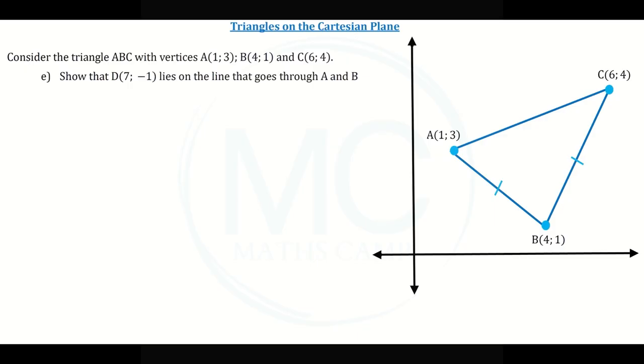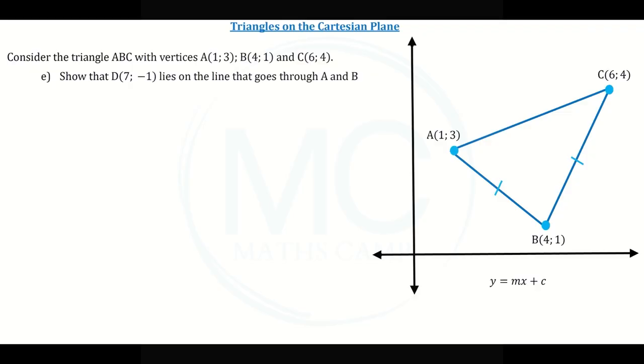Show that D, with coordinates (7, negative 1), lies on the line that goes through AB. To show that a given point lies on a line, we first have to find the equation of that line. The equation of any straight line takes on the form y is equal to mx plus c. From our work with straight lines, we know that the value of m is the gradient of the line.